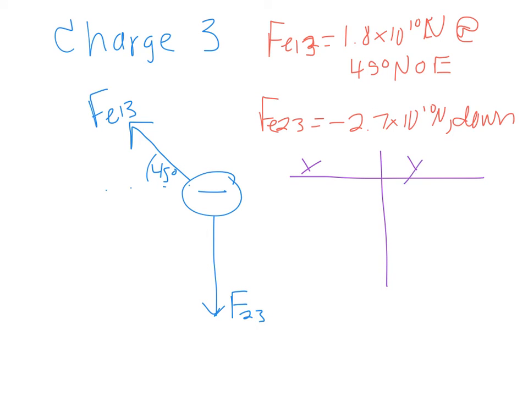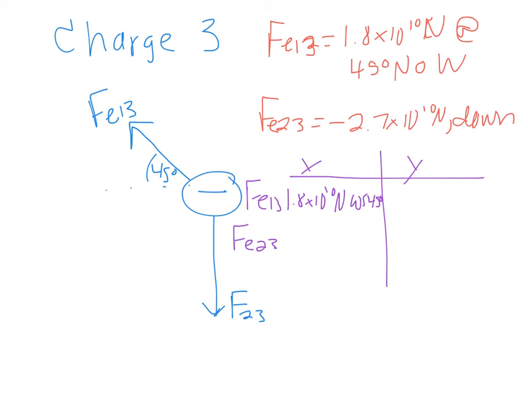My XY chart, Fe13, Fe23. In the x direction, this is north of west, so 1.8 times 10 to the 10th newtons cosine 45 degrees.